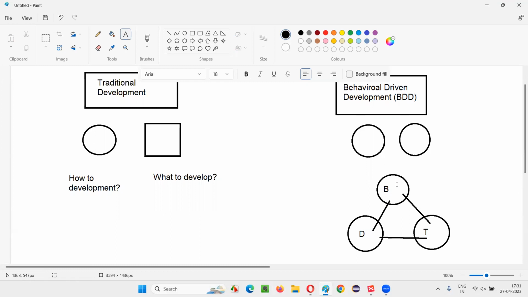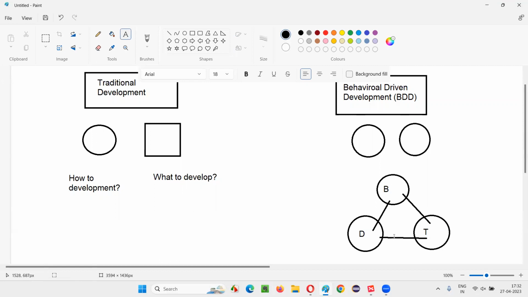And what happens in behavior driven development is, business will give some requirements, what is to be developed, to the development team and testing team. In the first go itself, the development team and testing team may not understand those requirements. They have to clear their doubts with the business team. Finally, the testing team may have to come up with some test cases, which need to be shared with the business team, and the business team has to approve.